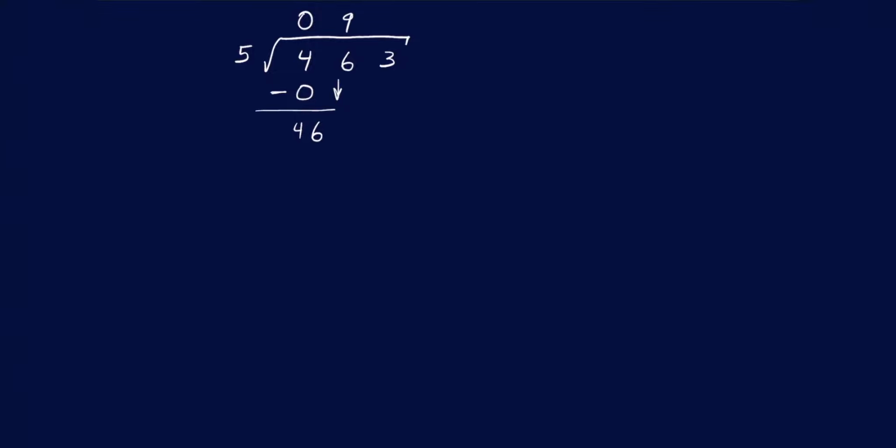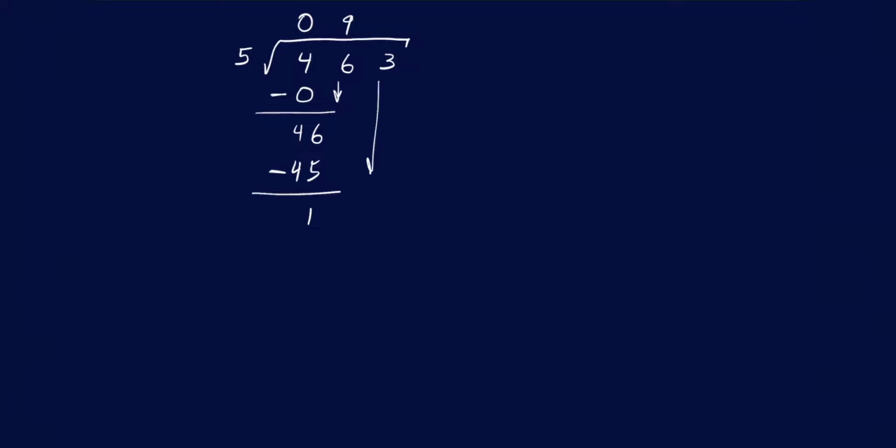And then we're going to multiply 5 by 9, and we're going to write it underneath the 46. So 5 times 9, like we just said, is equal to 45. And then we're going to subtract these numbers, just like that. So 46 minus 45 is equal to 1, and the next step in the long division is to carry down our 3.